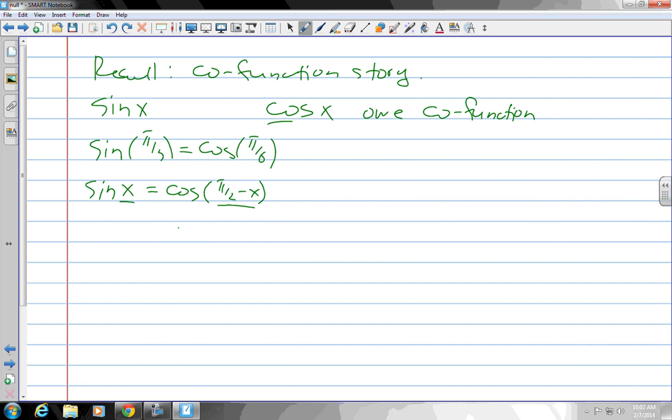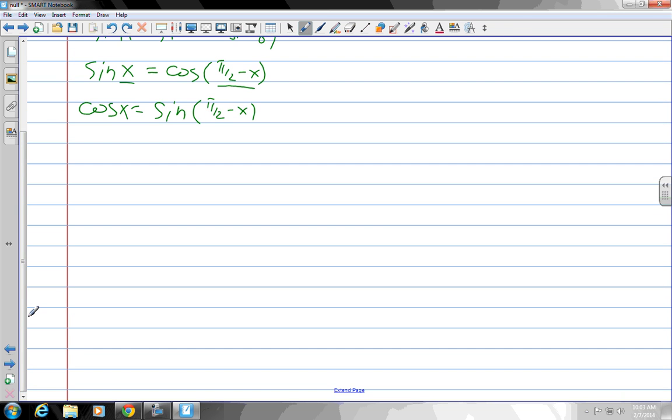At the same time, I can say that cosine x is sine of pi over 2 minus x, right? Whatever I just wrote is important. Now, from here on, just observe. I can rewrite the pi over 2 minus x as negative x minus pi over 2. Do you agree with that? That's the same thing?